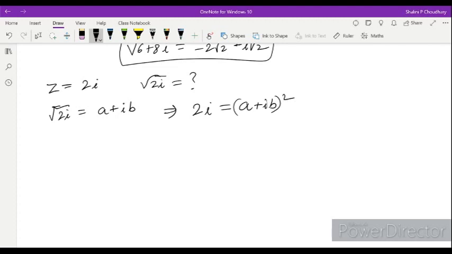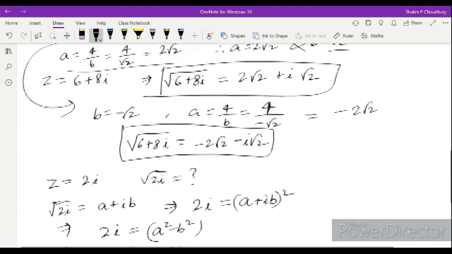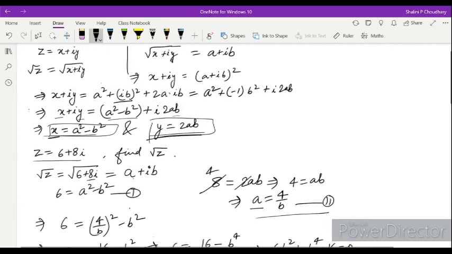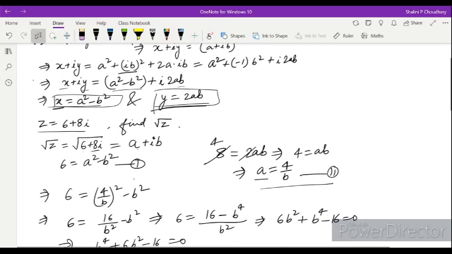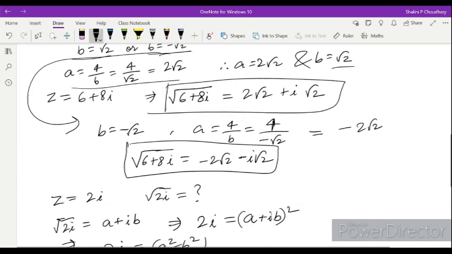Now again we'll use the formula. 2i will be equal to, when we expand the square of a plus ib, we'll get a square minus b square. See the formula here: a square minus b square, and what value are we getting for the imaginary part? That is equal to 2ab, right?